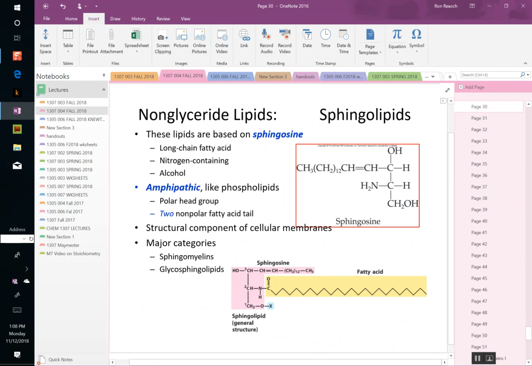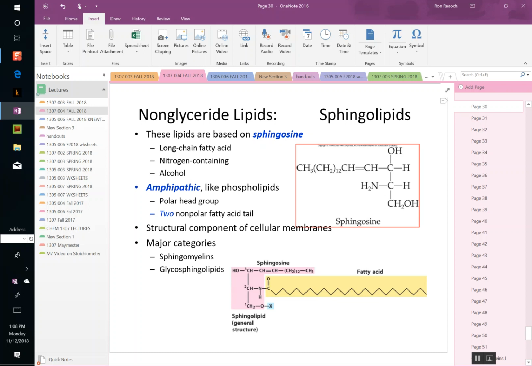Okay, sphingolipids. Instead of glycerol as the backbone, sphingosine is the backbone. You can see 3 carbons here, 1, 2, 3, like glycerol, but not glycerol. There is an OH on that one. There is an OH on that one.